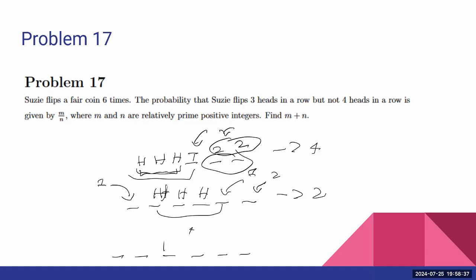Now look here. It looks like we have to do it again for 2 more cases. But the thing is that this is symmetrically equivalent to this. If we flip it around, then it's the same thing. So if we reverse this, and there are 3 heads in a row but not 4 heads in a row, there's still going to be 3 heads in a row but not 4 heads in a row when we flip it around.